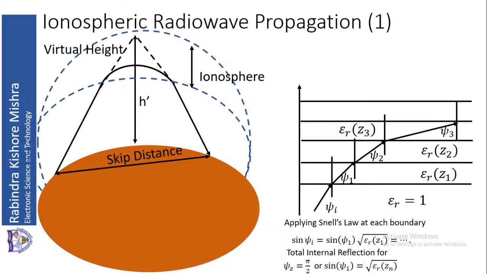So although they are not in line of sight, it is possible to receive the transmitted wave at a large distance. If it is a small distance, the antennas will be in line of sight. But at a large distance, because of the curvature of the earth, the antennas will not be in line of sight.